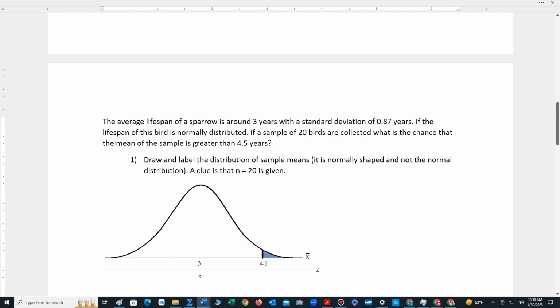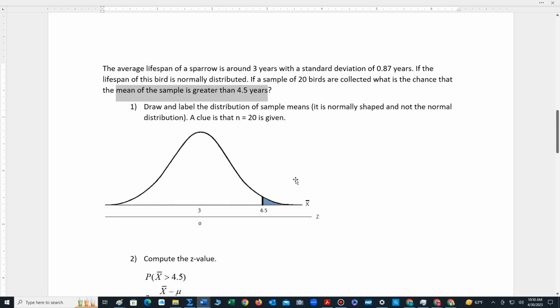What's the chance that the mean of the sample is greater than 4.5 years? So the way that this question is phrased, that's letting us know that we're working with a totally different distribution.